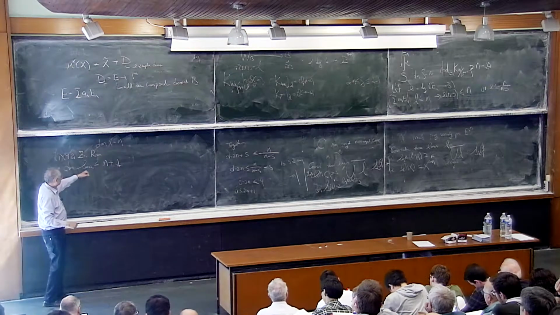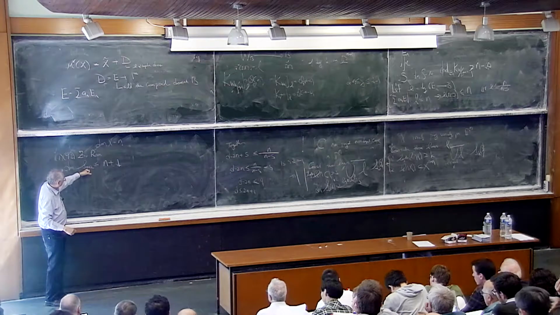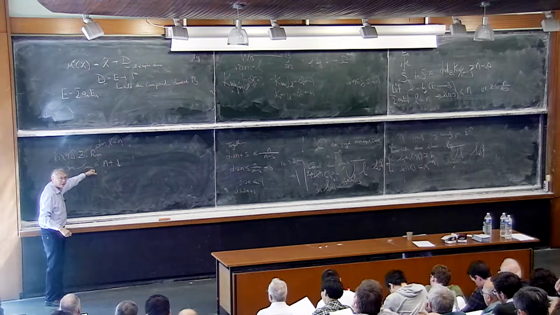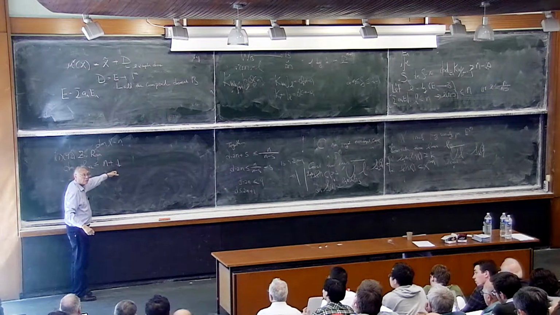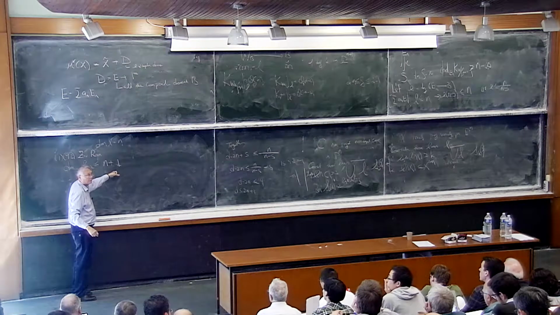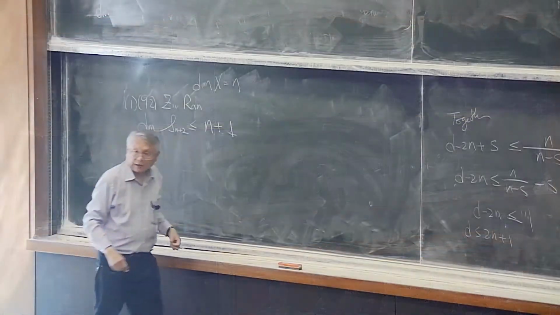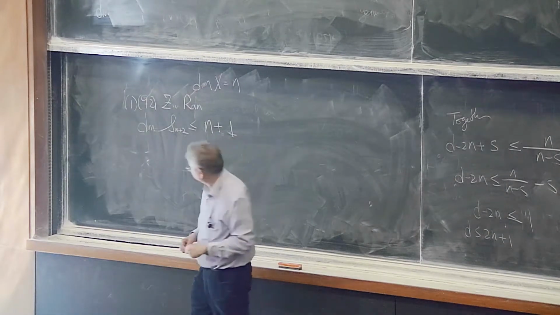So in the case X is a curve, n equal to 1, this is precisely the trisecant variety, and you're saying that the union of all the trisecants is two-dimensional. So this generalizes the classical trisecant lemma.